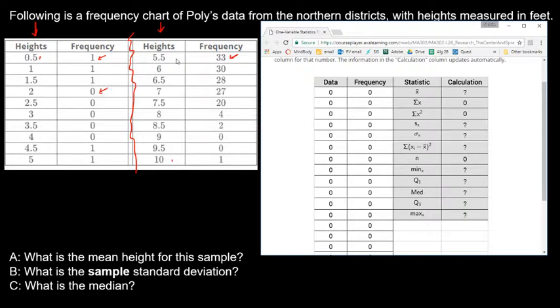If I wanted to figure out the mean height, the sample standard deviation, and the median, I would just have to plug my data into this table. For example, the data in this case being the heights, I would start here and say my height is 0.5, and I can just hit enter and it populates 1, 1.5, 2, 2.5, 3, 3.5, and so on.